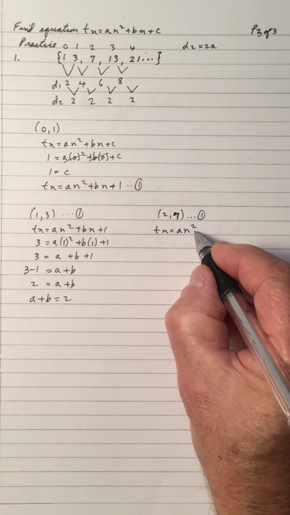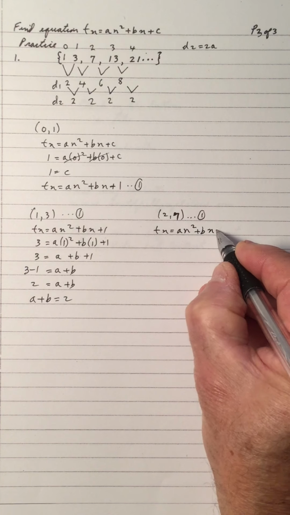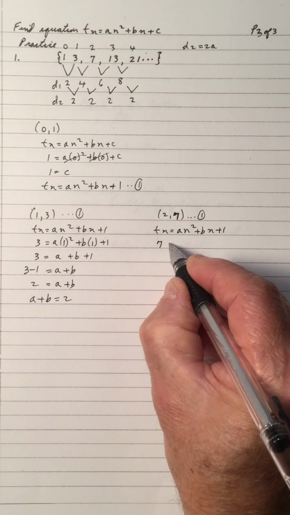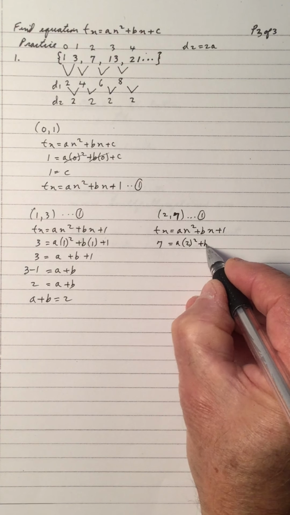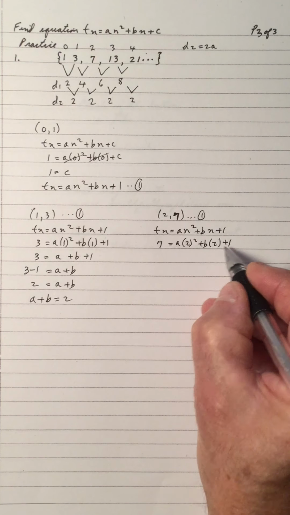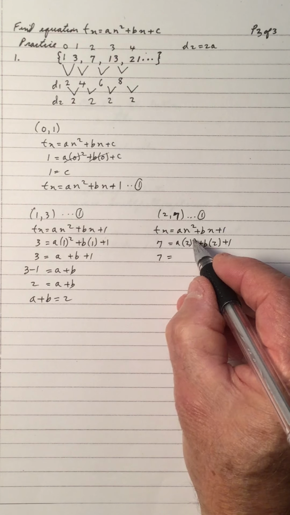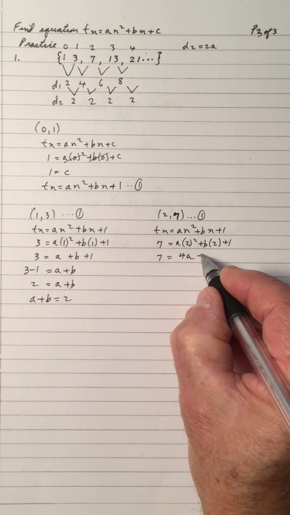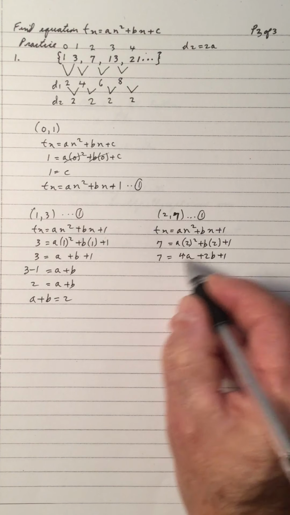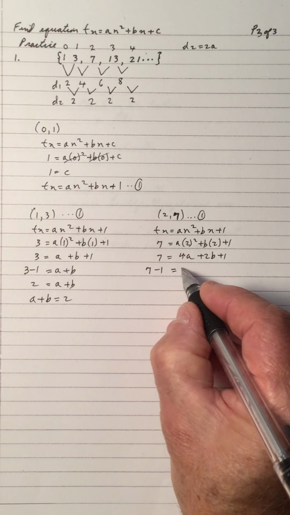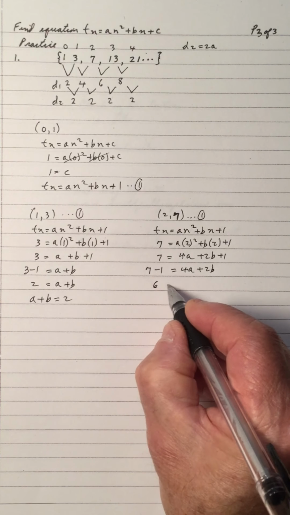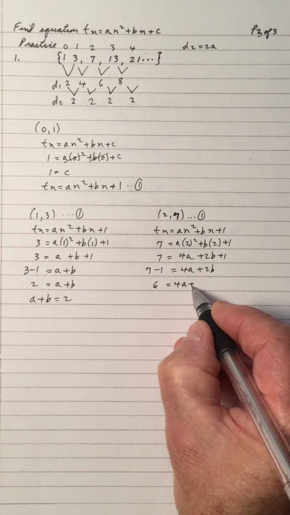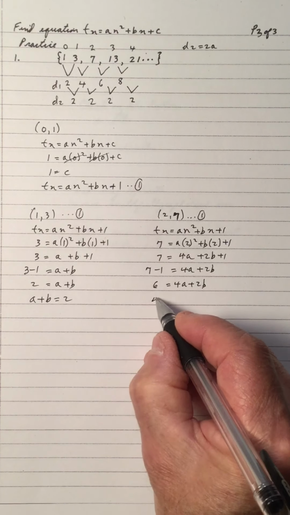So 7 equals 4a plus 2b plus 1. 7 minus 1 is 6, so 4a plus 2b equals 6, and put it in order.